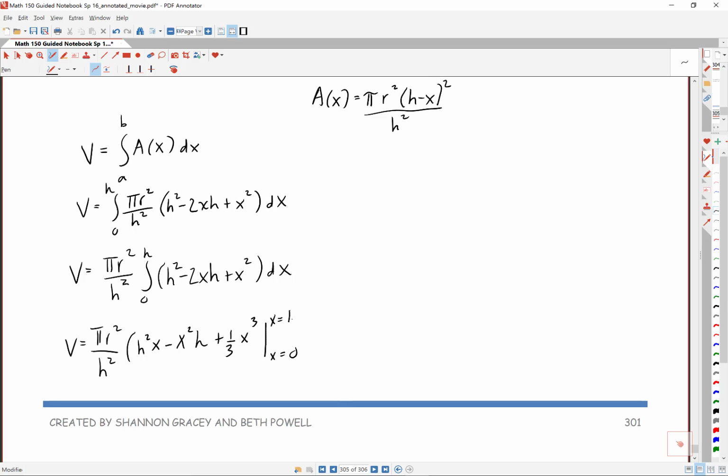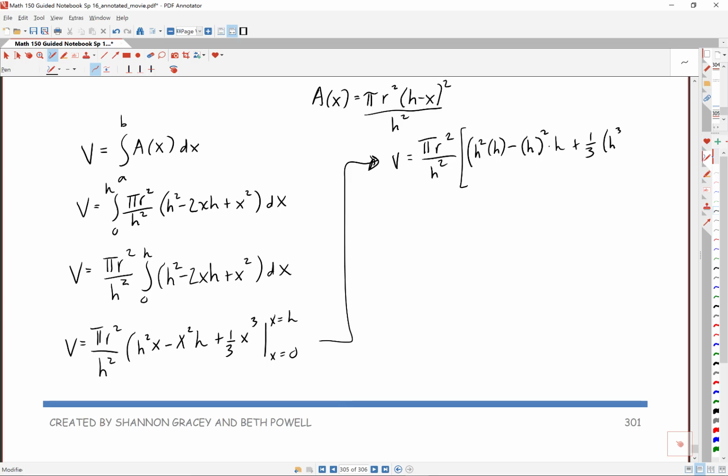And this will give us our volume is pi r squared over h squared times h squared times h minus h squared times h, and then plus 1/3 times h cubed. And then the lower limit will just zero out.